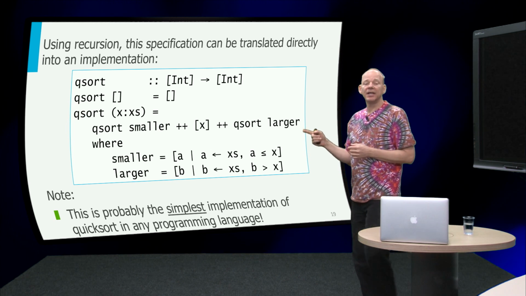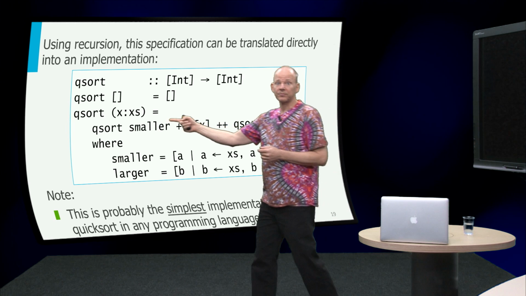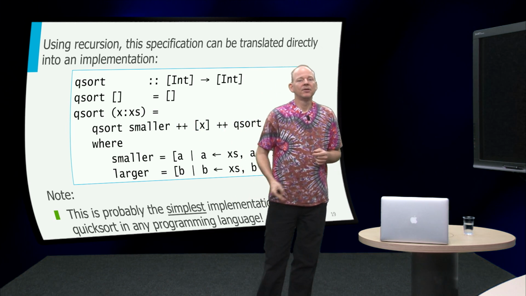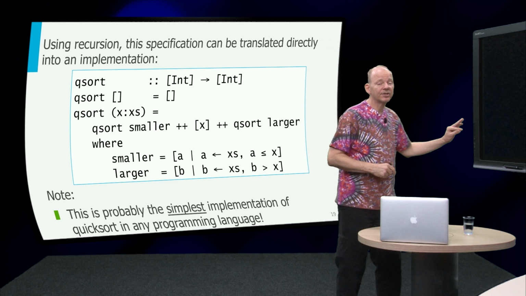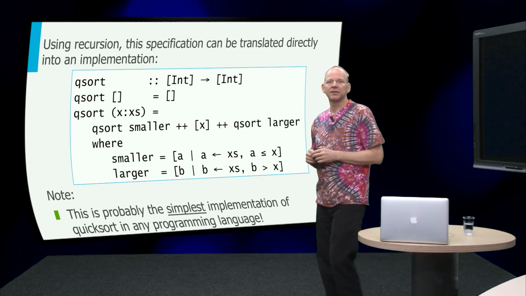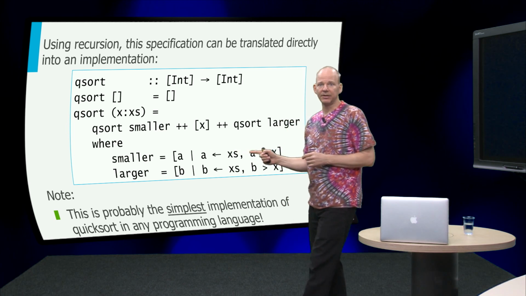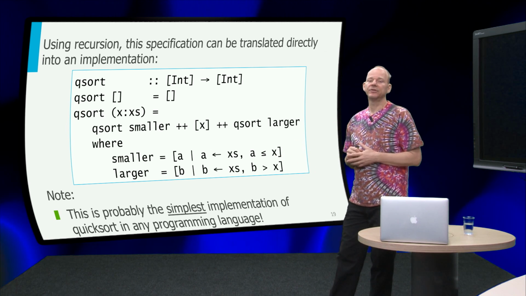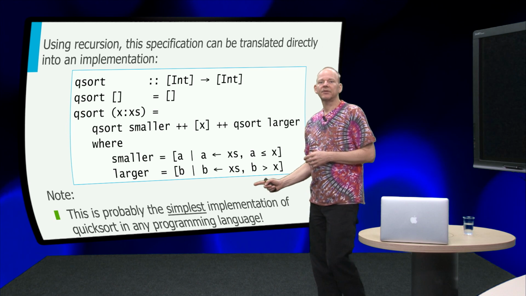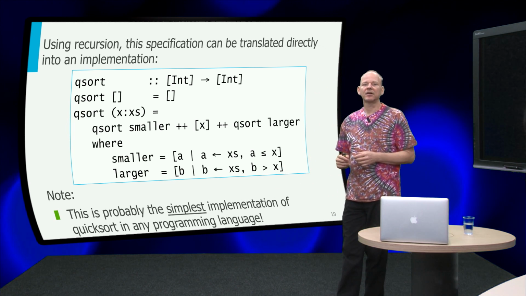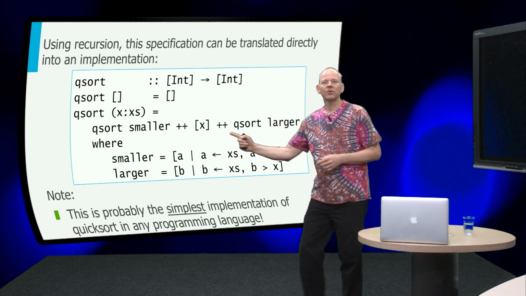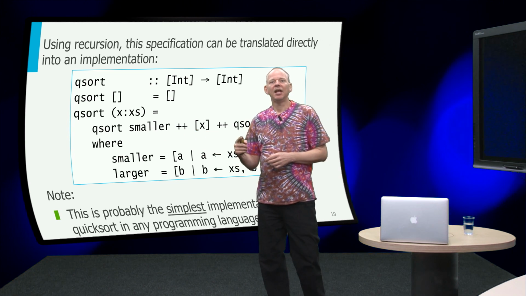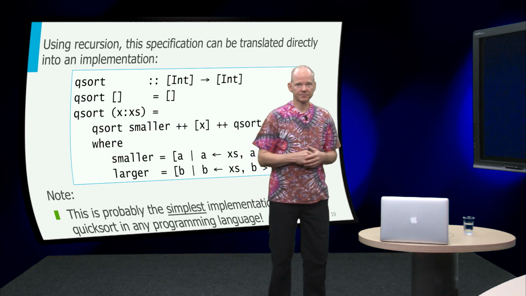When we want to sort a list, x cons xs, we create a list with all the elements that are smaller or equal than x. And for that, we use a list comprehension. We create a list of all the elements that are larger than x. We sort both of those, and we put x in the middle.